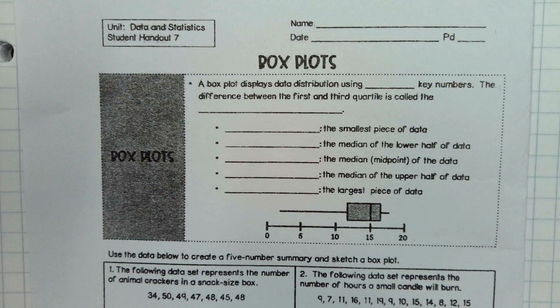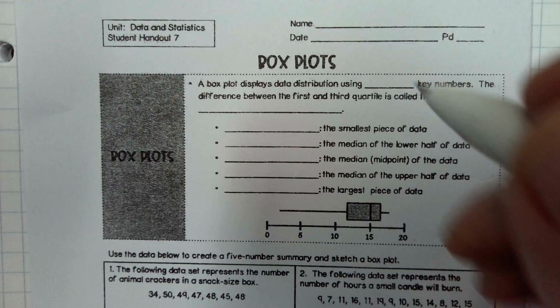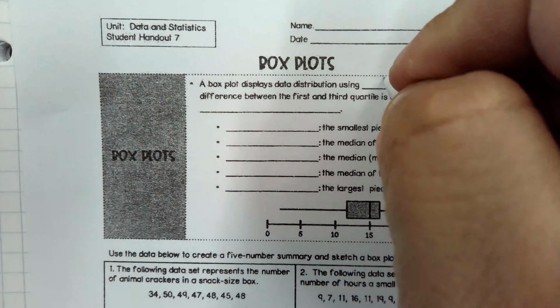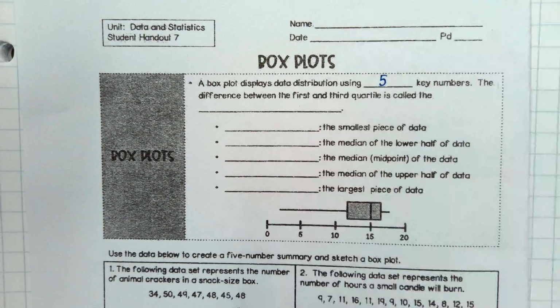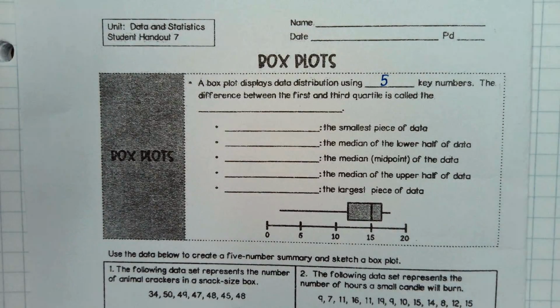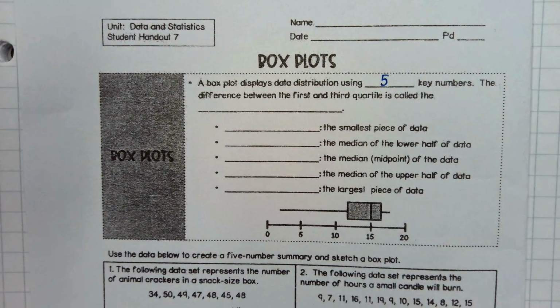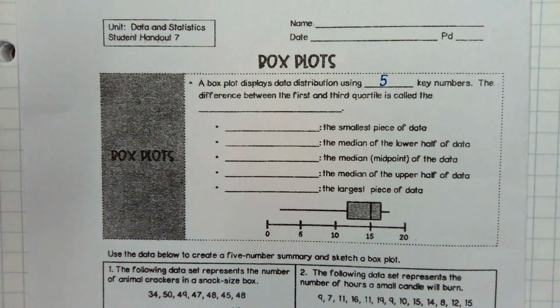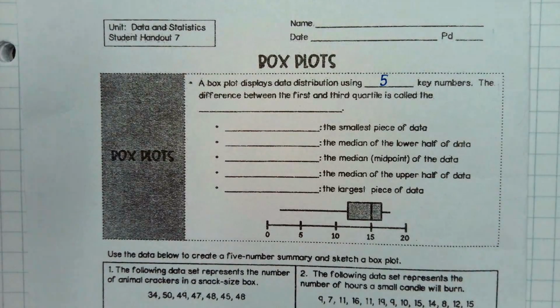So a box plot displays a data distribution using 5 key numbers. Okay, and we're going to define those 5 key numbers. The difference between the first and third quartile is called the interquartile range.